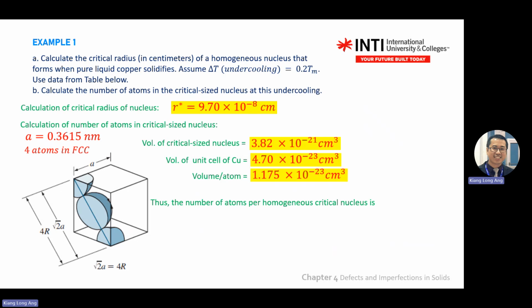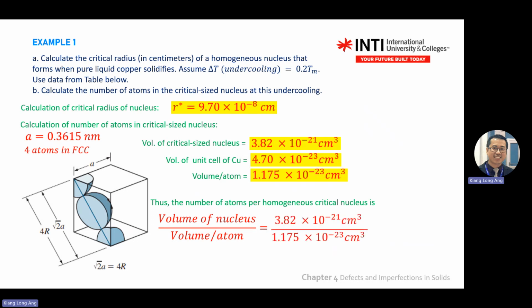It asks you the number of atoms in the critical size nucleus. You understand? You focus on which one? This one. He asks you, inside here, how many copper atoms? Okay. You take the volume of the nucleus divided by the volume of an atom. You take this one divided by this one.